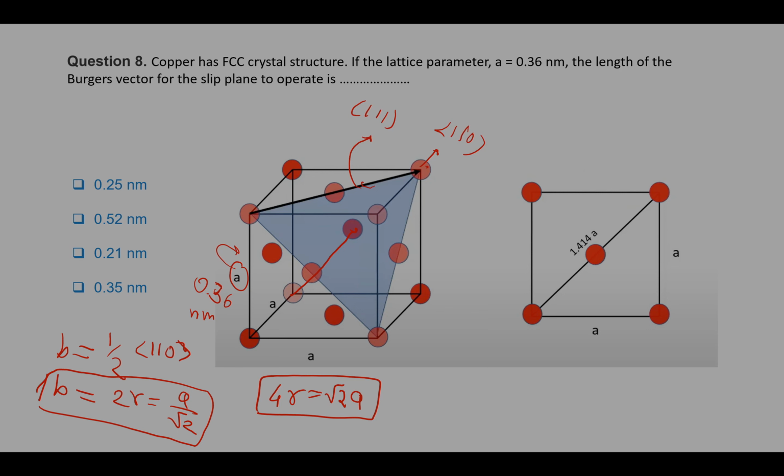Okay, so the answer we can find out through this will be 0.25 nanometer. Here it is simply defined how we can calculate this 4R value, since from this place to this place, the distance is like 4R, that is around root 2 a. According to that, you can calculate.